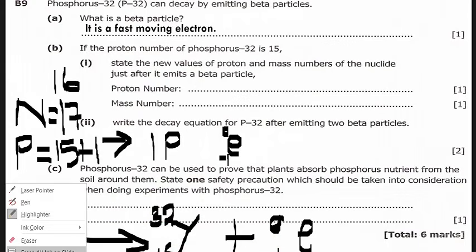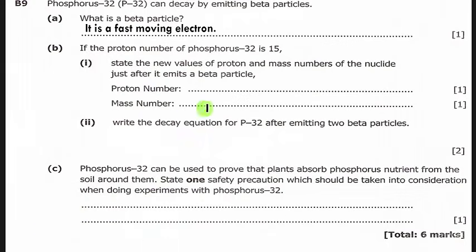I thought I should explain for you to understand. So this is the decay equation which I've explained. If you have this phosphorus here, when it decays by beta to give a new element, the proton number increases by 1 because a neutron breaks to go into an electron and a proton.